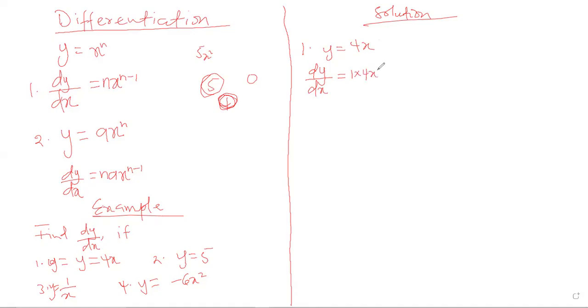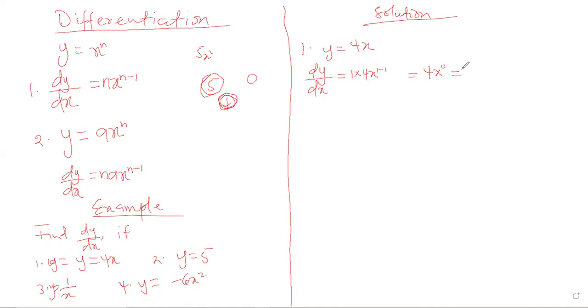Then x, there's exponent 1 here, so we subtract 1 from the exponent, making it 1 minus 1, which is 0. So now we have 4x exponent 0. And in mathematics, we know that any number or variable raised to the power 0 is 1. So this x exponent 0 is equal to 1.